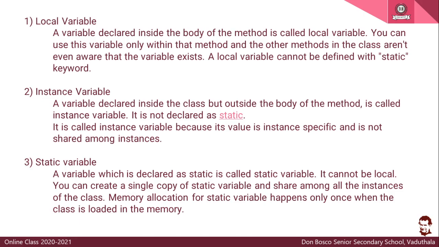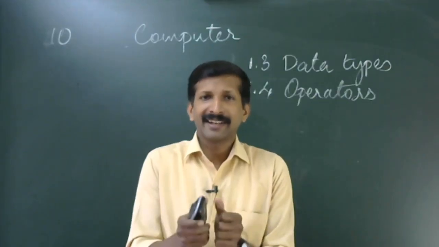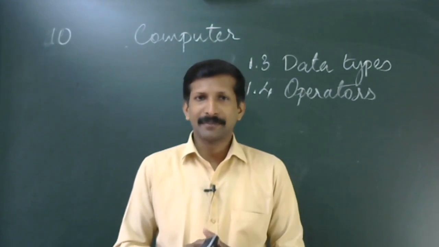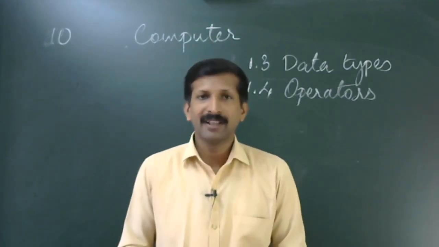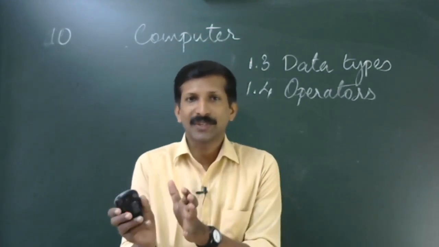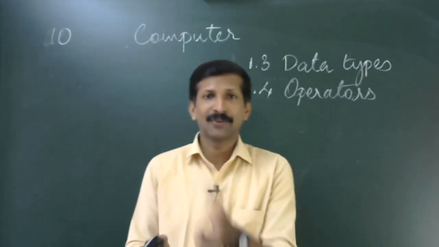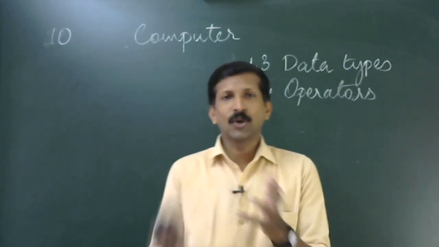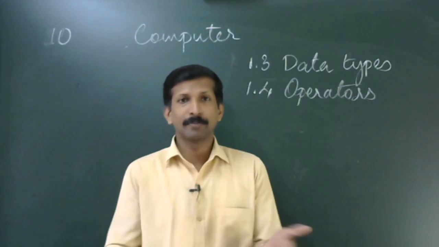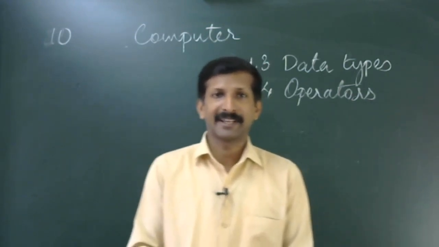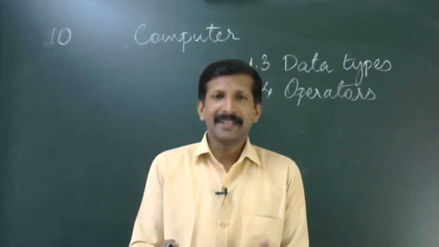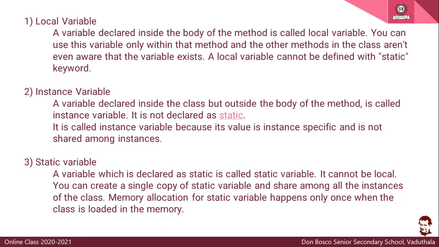Please remember we have to declare these types of variables accordingly. If you want to make a local variable, it should be declared inside the for loop or within that scope, meaning within the opening and closing curly brackets. Kindly remember.